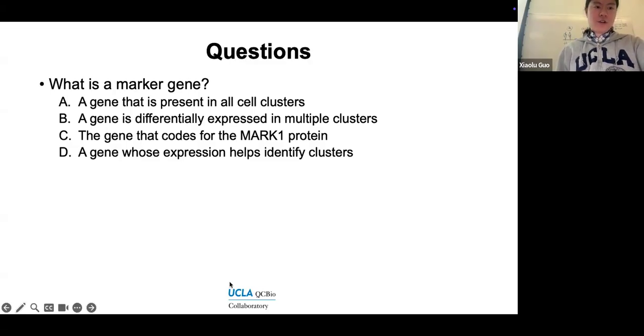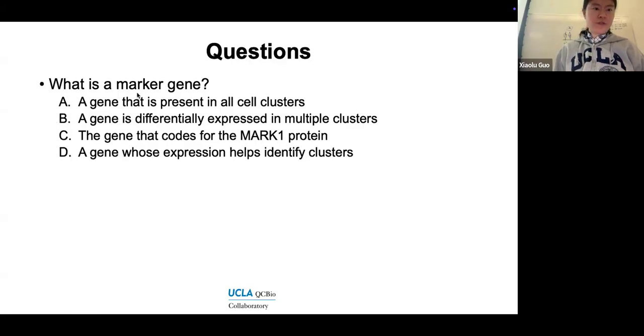I see, some of you chose B, some of you chose D. Let's first look at B: a gene differentially expressed in multiple clusters. And D is a gene whose expression helps identify clusters. Yes.